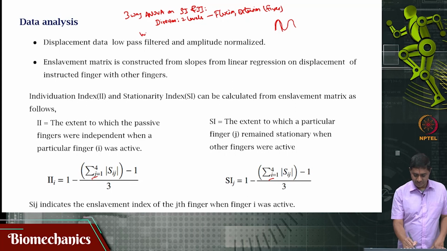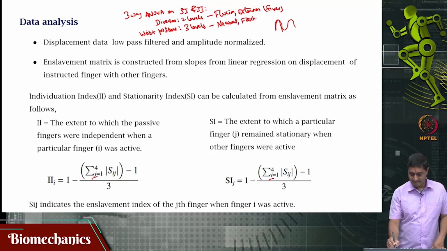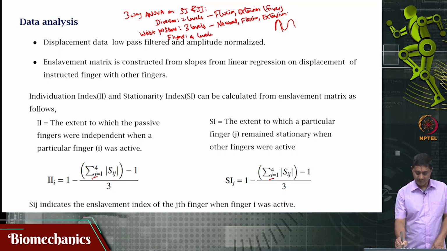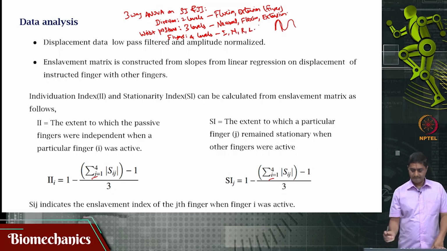Then wrist posture, with three levels: neutral, flexion, extension. Then fingers, with four levels: index, middle, ring, little.